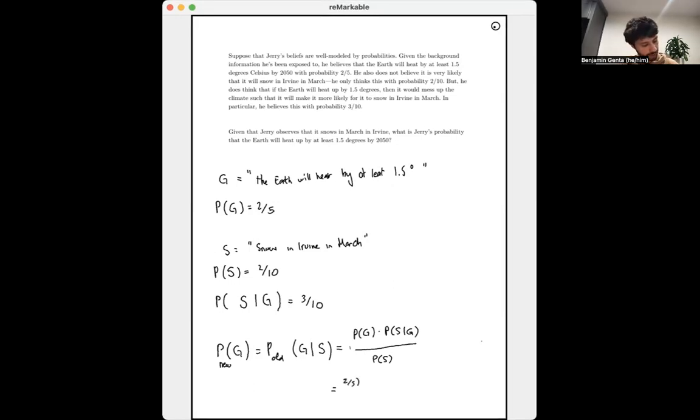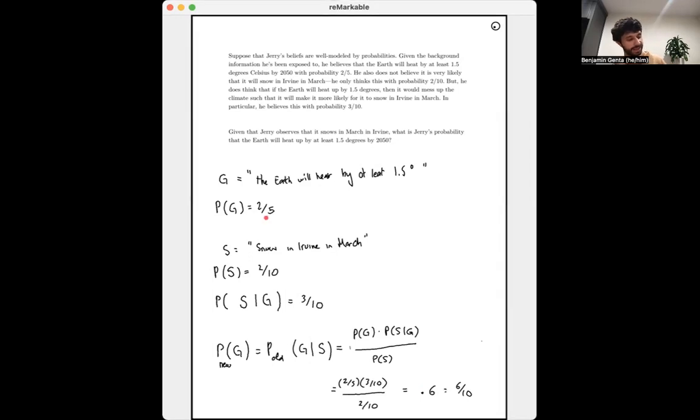So it's just 2/5 times 3/10 over 2/10. Now, if you just do the algebra, this is equal to 0.6, or 6/10.